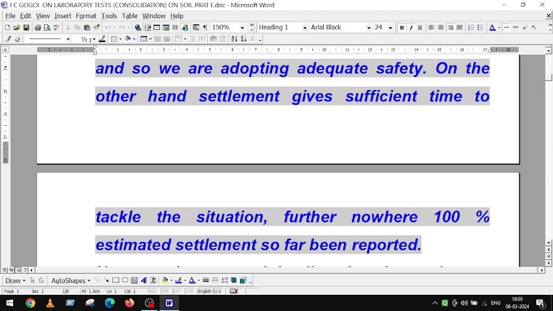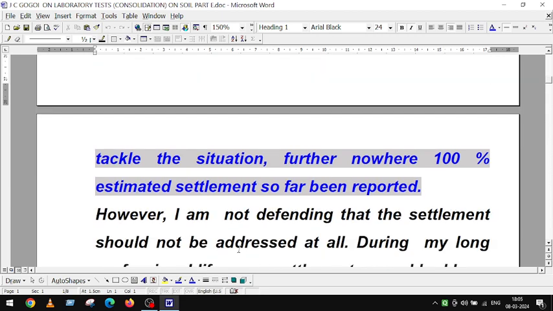So we are applying a sufficient safety factor against shear failure. But in case of settlement, we do not predict what the actual settlement shall be. In a study, it was stated earlier that actual settlement in the complete lifetime of a structure is around 30% of the estimated settlement.